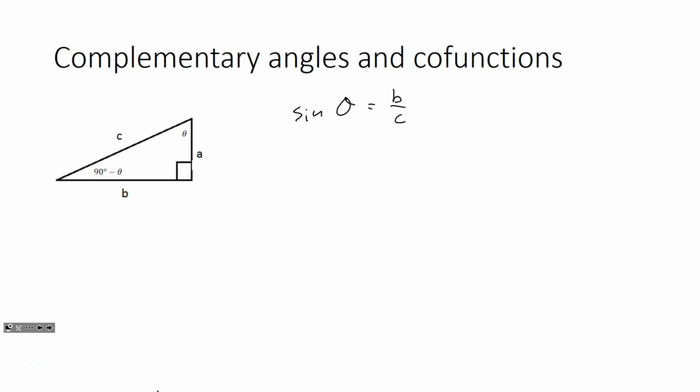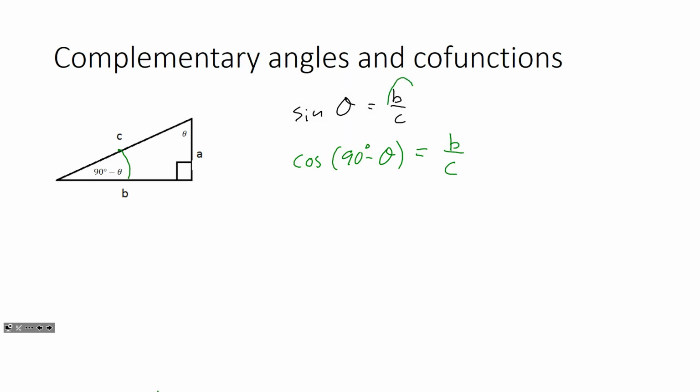Now what I'd like to look at would be the cosine of the other angle, which is 90 degrees minus theta. If we're now looking at this angle, the cosine would be the adjacent to that, which would be B, over the hypotenuse, which is C.